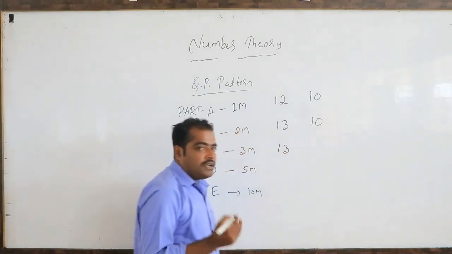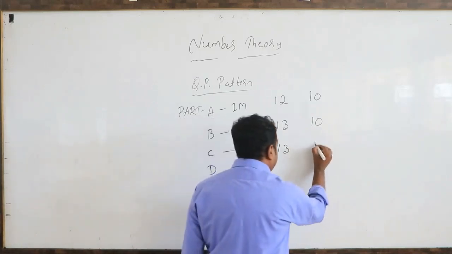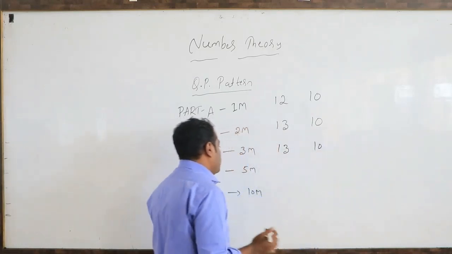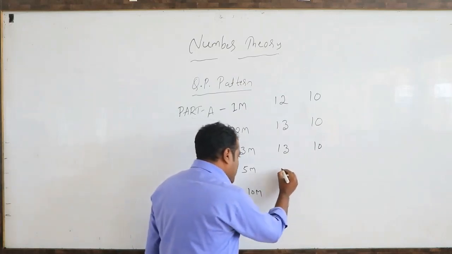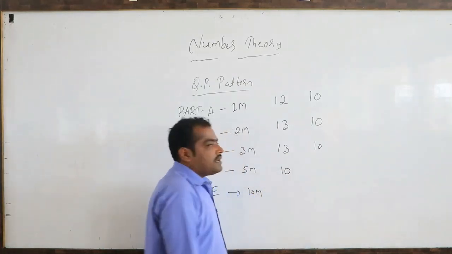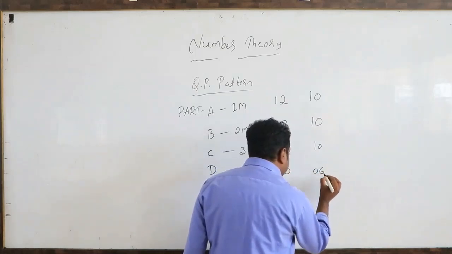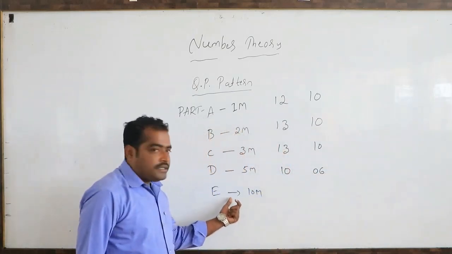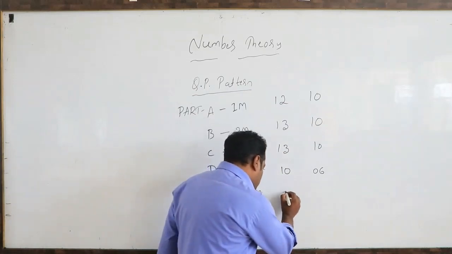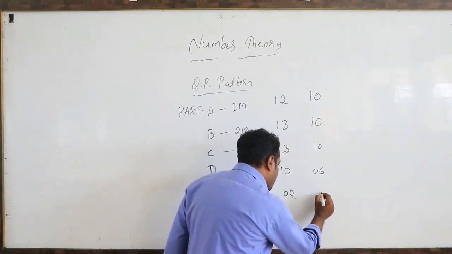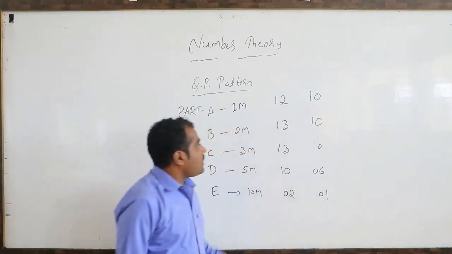Out of 13, you have to solve any 10. 3 extra will be there. In 5 marks, they will give 10 questions. Out of 10, you have to attempt any 6. And in the last, 10 marks, they will give 2 questions. You have to attempt only 1 question.